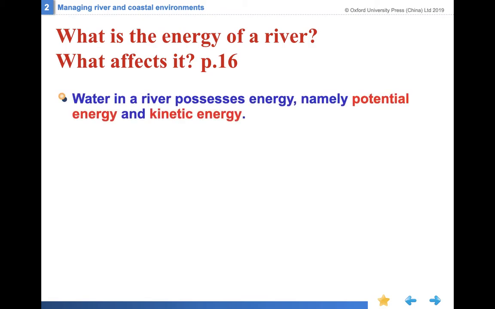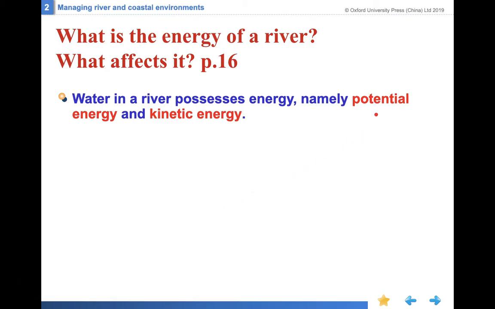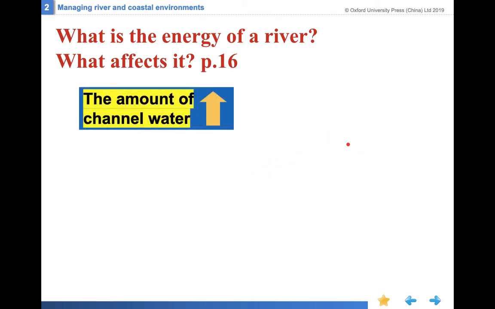So first of all, we need to know that the energy in a river mainly are the potential energy and the kinetic energy，勢能同埋呢個動能啦。或者叫位能啦，即係由高至低跌落去嗰個力量啦，同埋一個動能，因為水咧係會喐嘅。So what are the two basic factors affecting the channel energy?